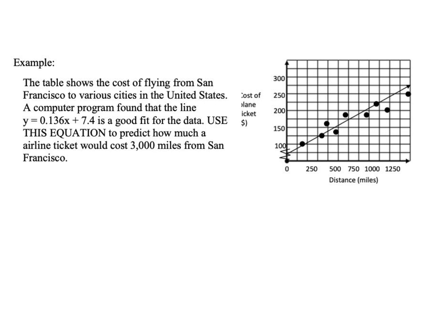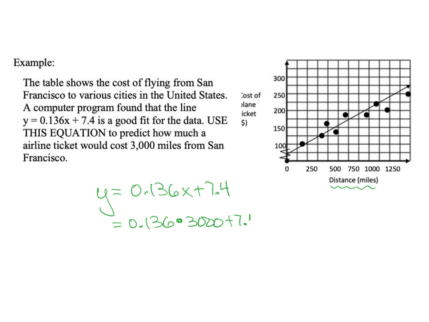So what we're going to do is put 3,000 into this equation. We have y equals 0.136x plus 7.4. Notice how the distance is the x-axis, so that's where I'm going to put the 3,000. So I'm going to say 0.136, remember, this is multiplying, and then the 3,000, and then plus 7.4.